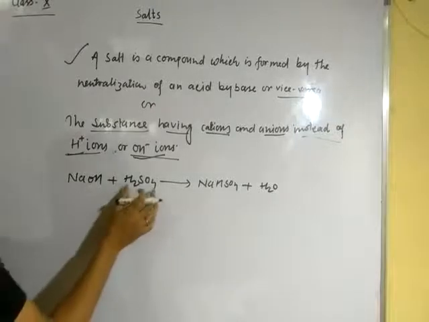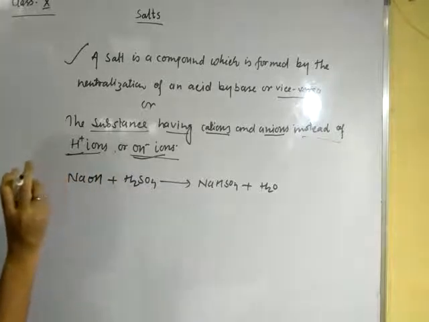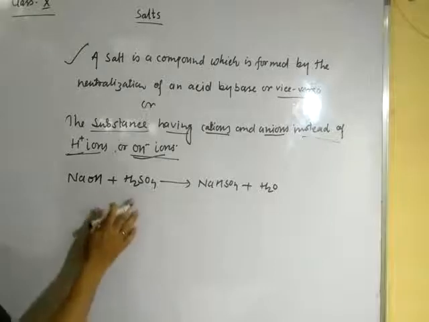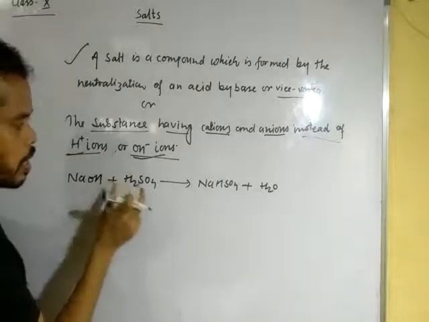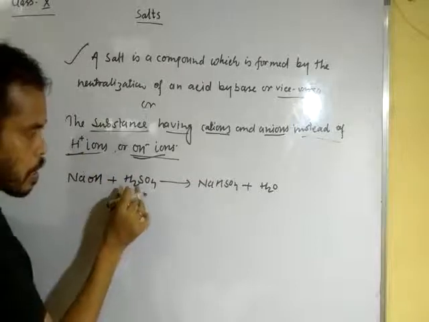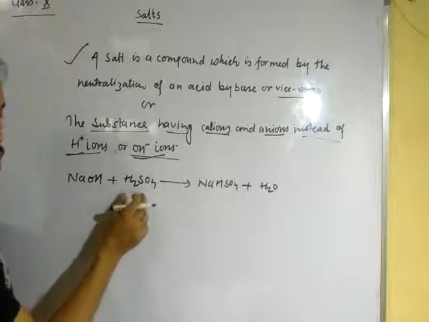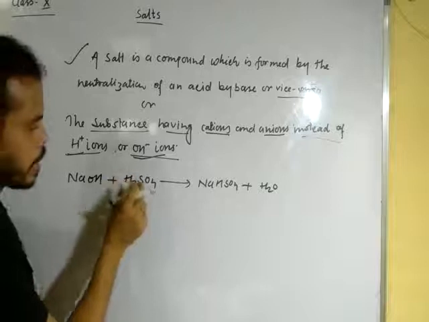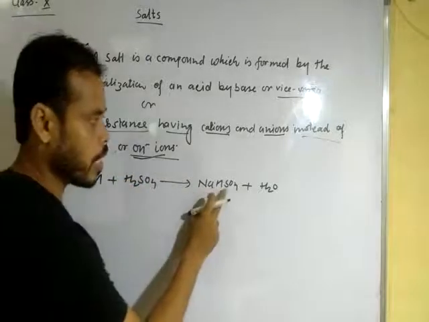Here H2SO4 is partially neutralized by NaOH, because the removal of hydrogen is partial, that means partial replacement of hydrogen takes place from H2SO4 to form sodium hydrogen sulfate.